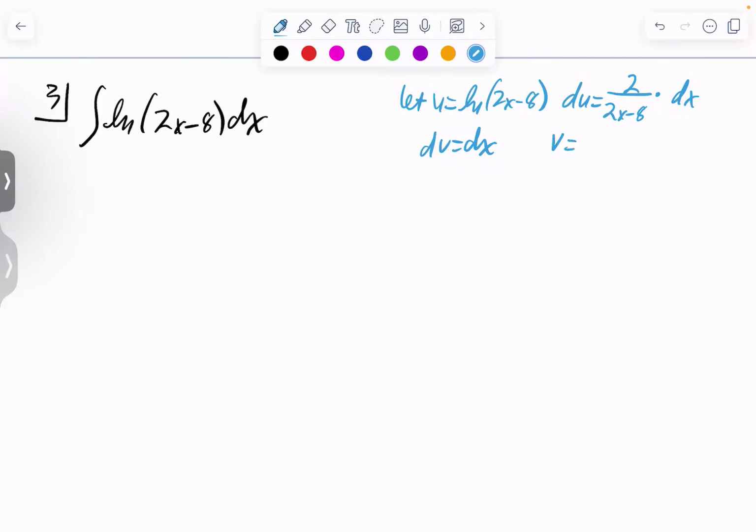Also, when I integrate, the integral of dv equals dx is just going to be x. The integral of dx is just x. So I end up with u times v. So this is going to be x ln of 2x minus 8 minus the integral of v du. I'm going to pull that 2 out.